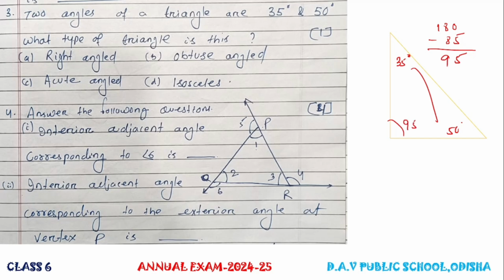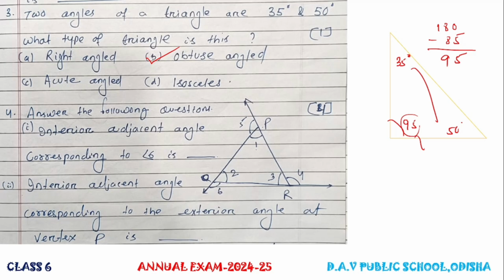One angle of 95 means an obtuse angle, so this is an obtuse angle triangle, option number B. We know that when one angle of a triangle is more than 90 degrees, this triangle is called an obtuse angle triangle. Okay. Now next, question number 4.